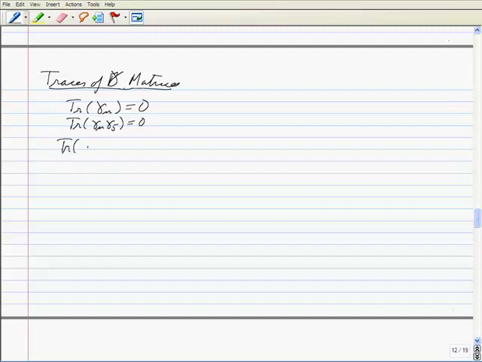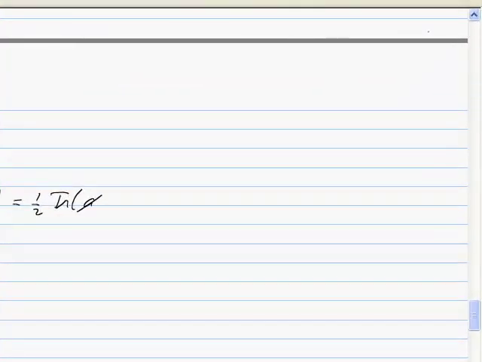Trace of A slash B slash, so those both have gamma matrices there. You can use the property of the trace to write this as trace of B slash A slash, because trace doesn't care what your ordering is, which then is 1/2 trace of A slash B slash plus B slash A slash.